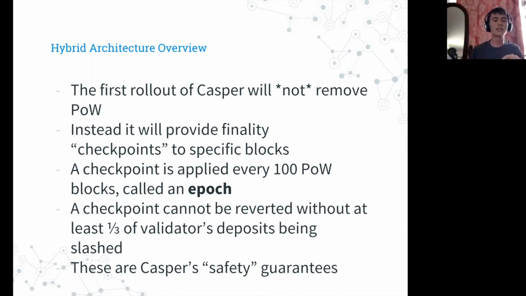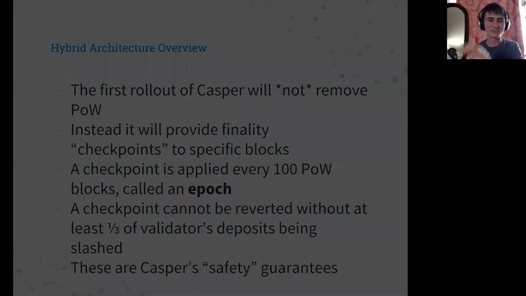And so you're going to be slashing at least 1/3 of the total number of validators. And you could technically slash more. Well, that was a bad example. But anyway, this is the Casper safety guarantee.